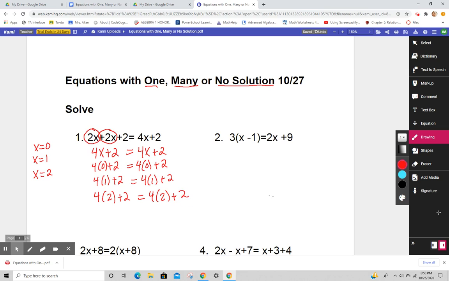Will both sides be equal? 4 times 2 is 8 plus 2 is 10. Same thing here. 4 times 2 is 8 plus 2 is 10. What if I let x be 3? Will that also be a true solution? Yes. So this is a case where we have many solutions to this equation, not just one.